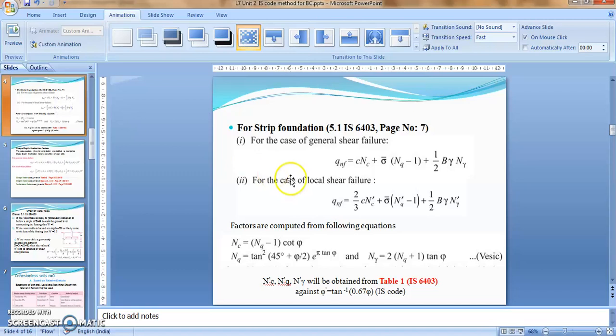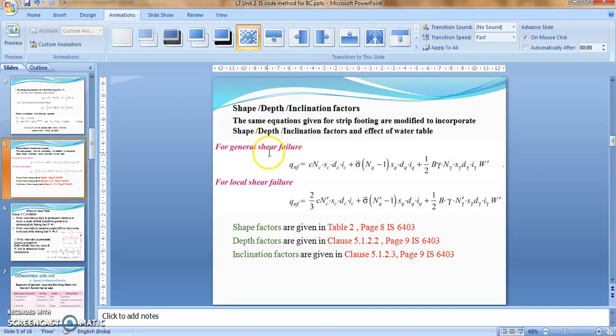Those 4 equations are: first, for strip foundation for general shear failure; second, strip foundation for local shear failure; then for any other foundation, general shear and local shear. So we need 4 equations. The first question that appears in front of us is which of these equations do we follow?